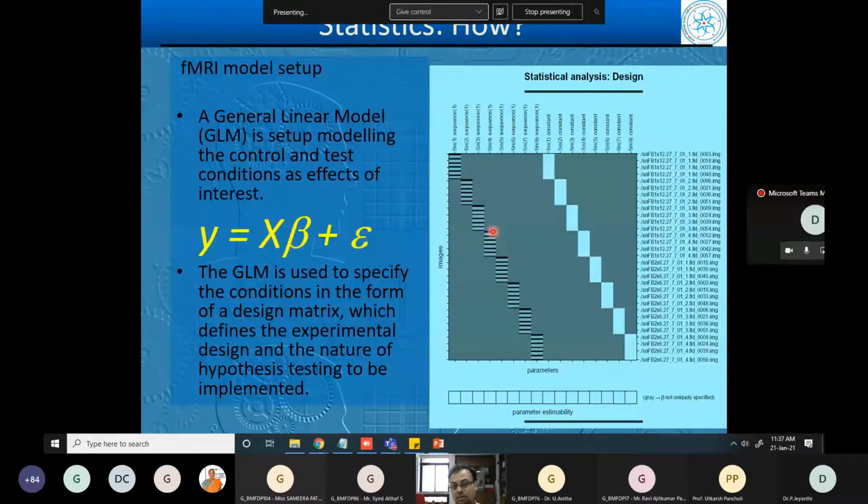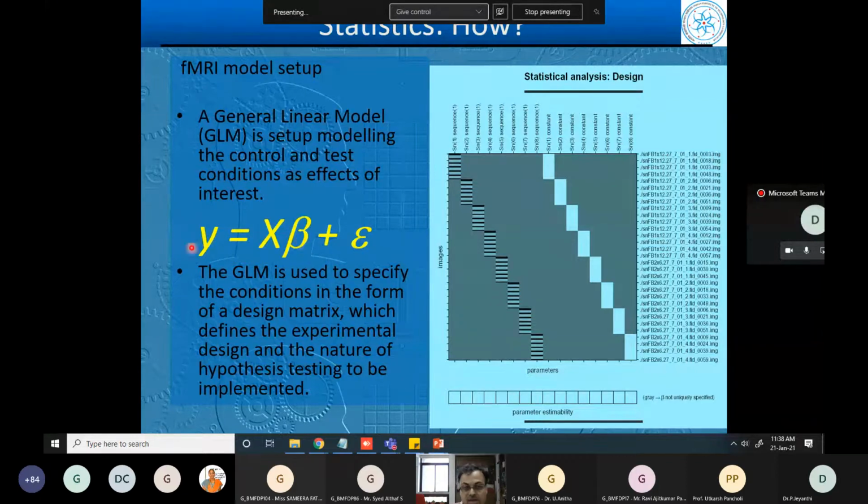And then what you do is a regression. As I said, what this regression model, or a general linear model, does is simply say when was the task and when was the baseline period, so that I can find the task activity and subtract it from the baseline period. So it's like y = Xβ + c, where β are the parameters of regression that you want to estimate.